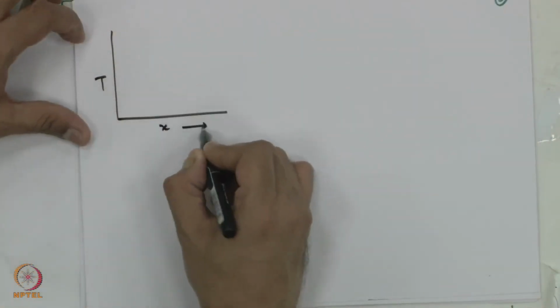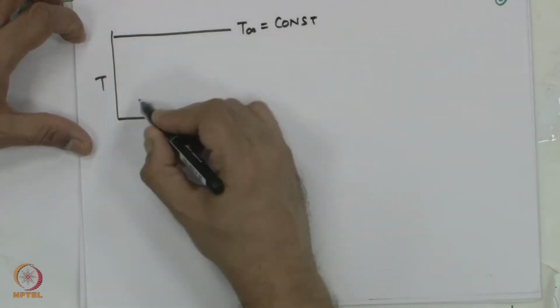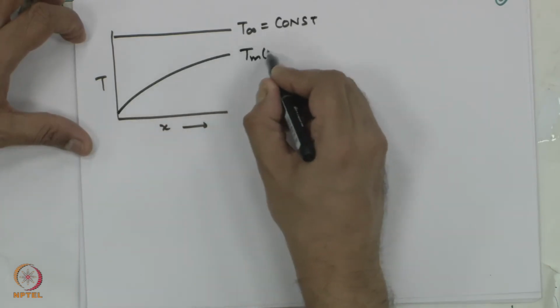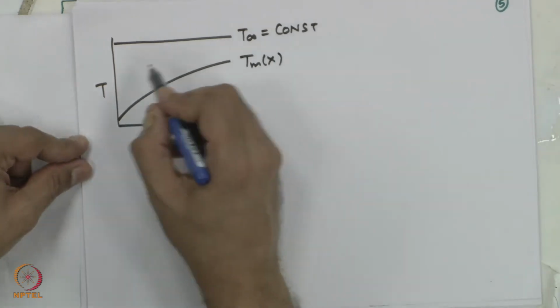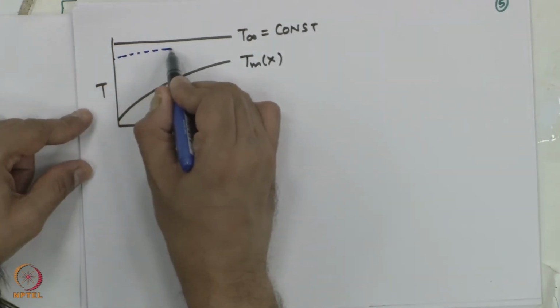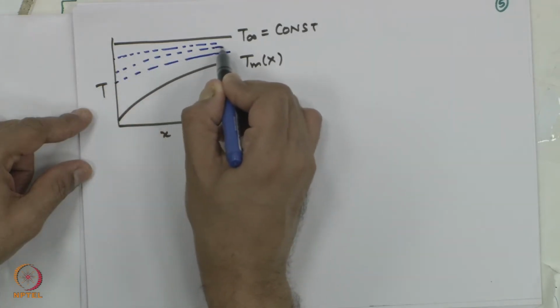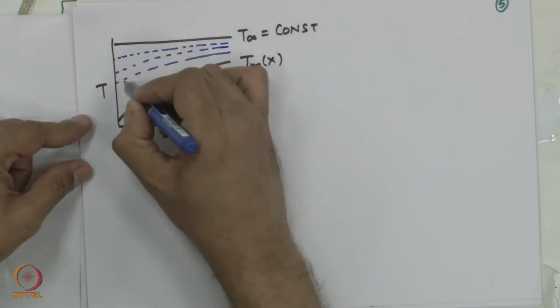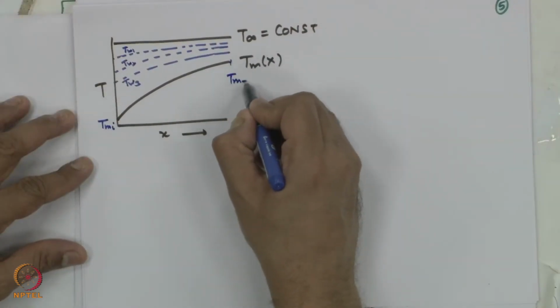So, if I were to plot this again, T as a function of x, T infinity is constant, T bulk mean is varying with respect to x, and hopefully this TW1, TW2 etc. would be something like this. These would be the intermediate temperatures. So, TW3, TW2, TW1. I do not know what the nature would be, but there would be something in between these two. So, this is T bulk mean inlet, this is T bulk mean exit.